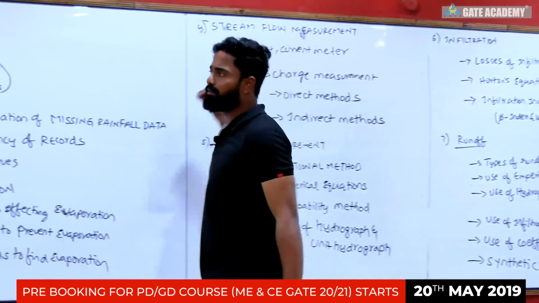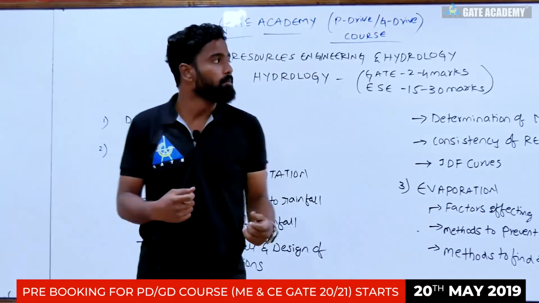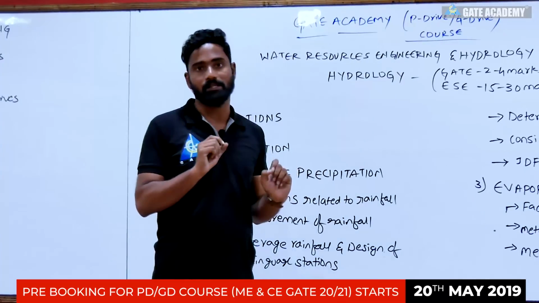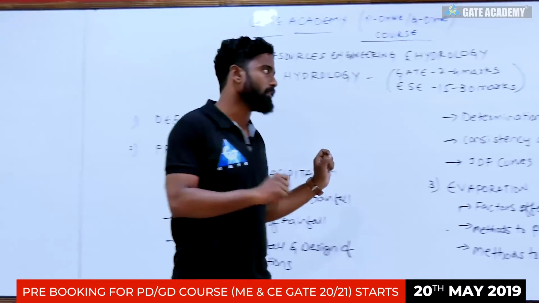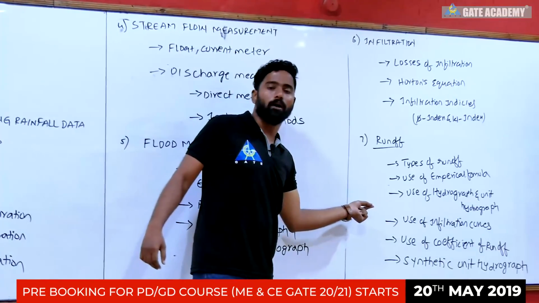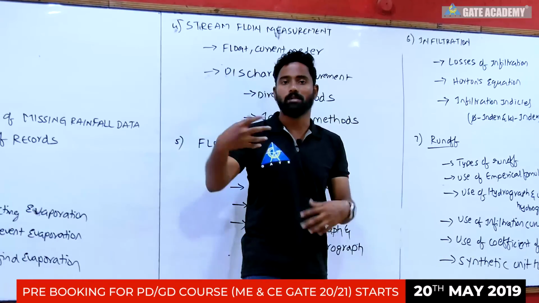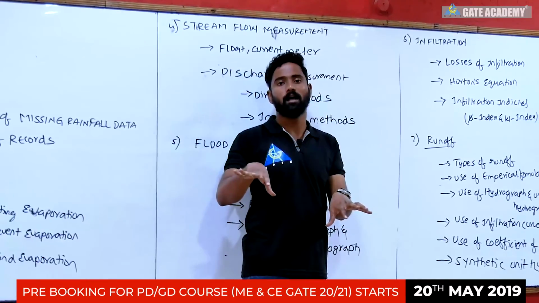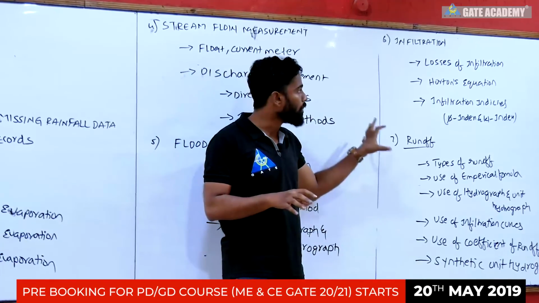Very rarely will you see indices being asked in engineering services questions, but from the GATE point of view, indices are very important. The indices are used in hydrographs. How you are going to use that and how you are going to generate that question, we will see in the questions, discuss that, and then finish it off.